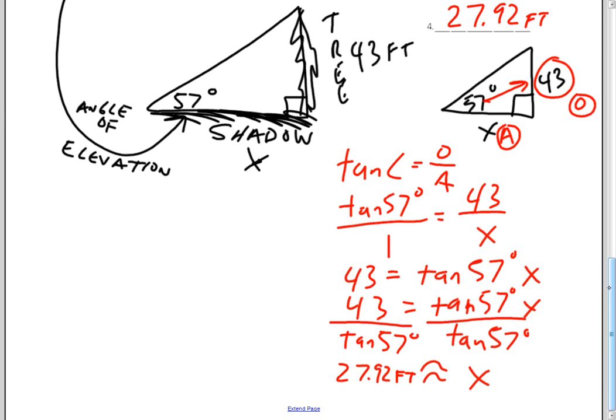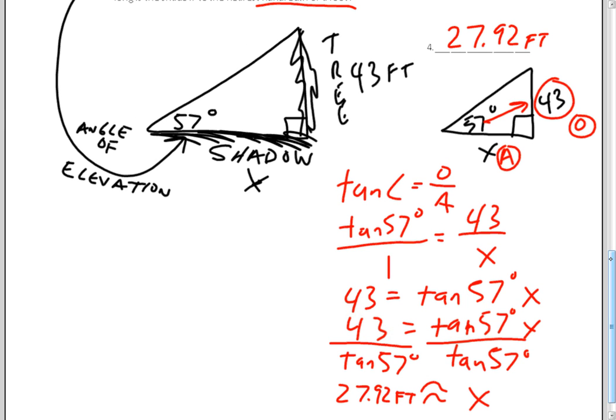So the mistakes made last year, people put the angle of elevation up here instead of down there. Put a dotted line right up here. What kind of letter shape am I creating now?